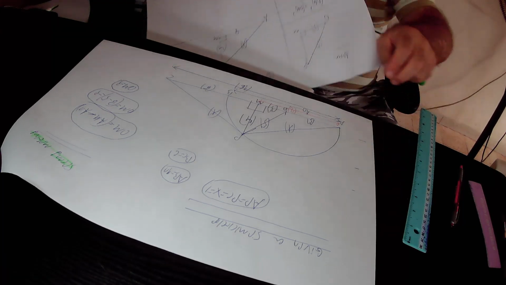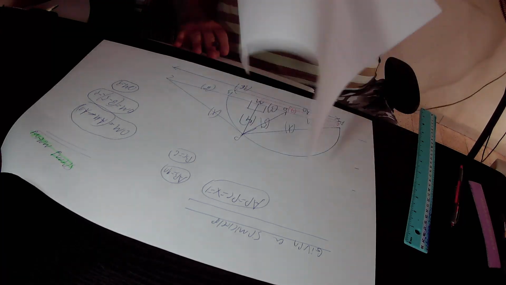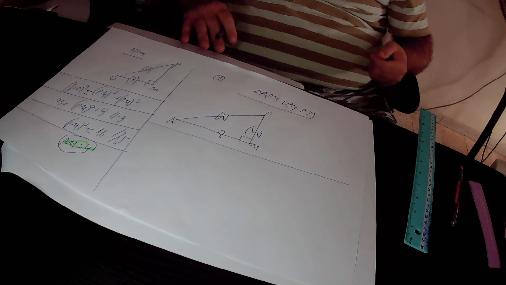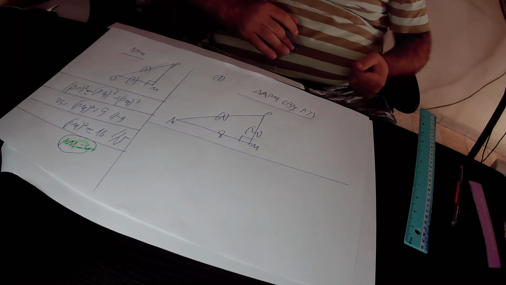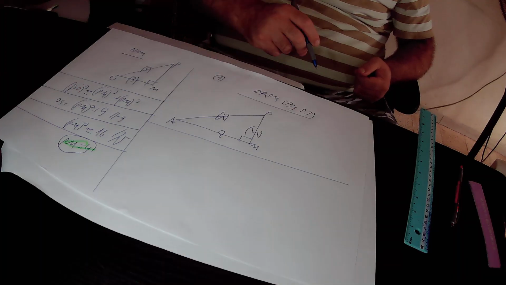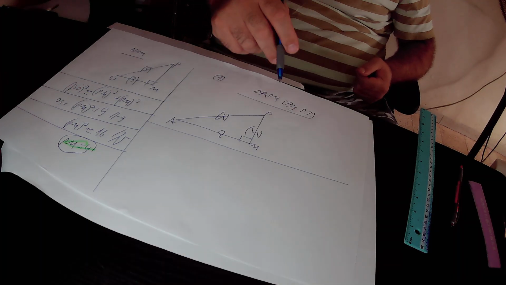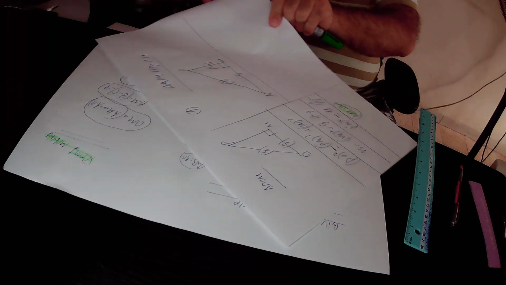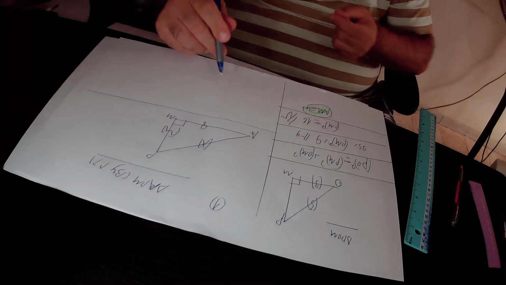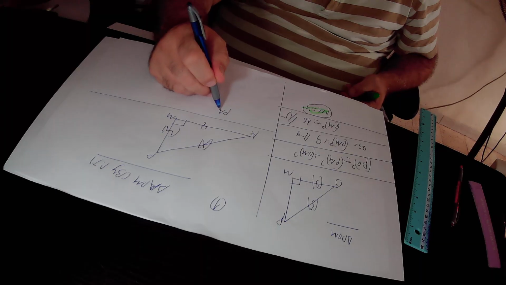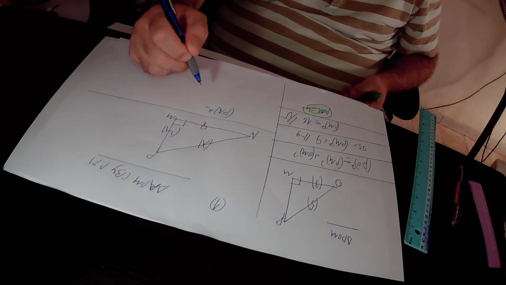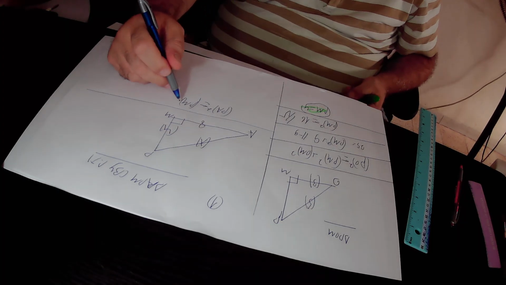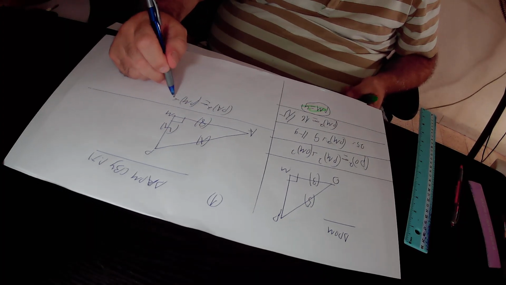So actually, this is the right triangle APM coming from the original drawing. According to the Pythagoras theorem, in this triangle APM, PA squared, that is the square of the hypotenuse, equals PM square plus MA square. So I write it down. PA squared equals PM square plus AM square.